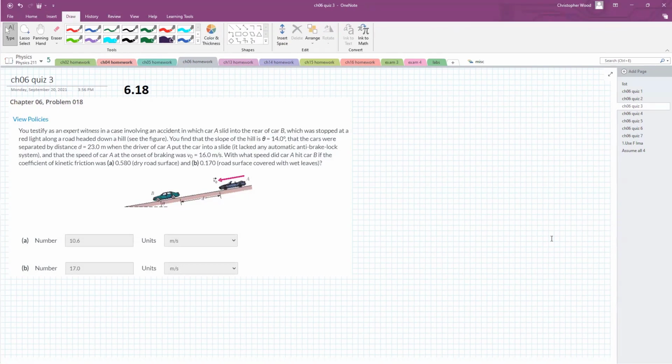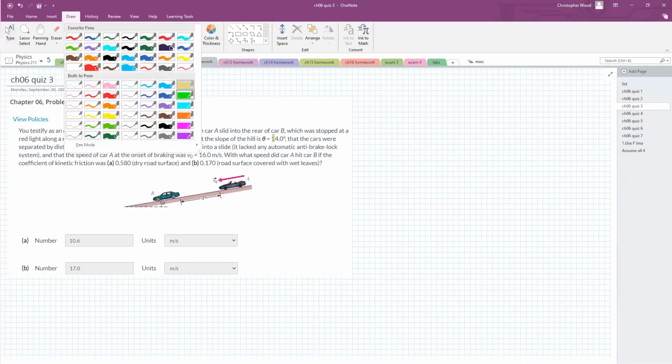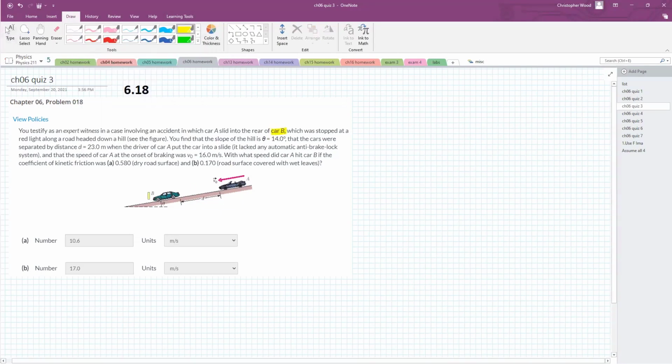This blue car slides into car B. Car B, which is this green car, is sitting here stopped at a red light, perfectly motionless. You're driving this blue car, car A, and then all of a sudden you see that the green car is sitting there stopped.